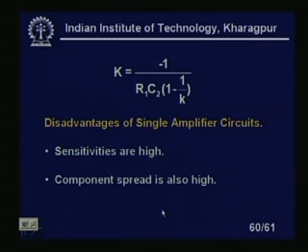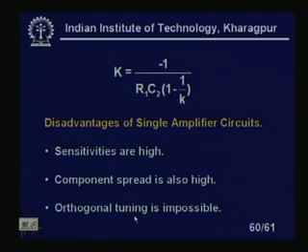If I take some other structures where the sensitivities are not high, suppose a surrogate design or the unity gain amplifier design, we will find that the sensitivities are 0, but the element spreads are very, very high, which is not acceptable if you want to make your filters in integrated circuits. So component spread is also high, and that is not acceptable. That is a problem with the single amplifier structure.